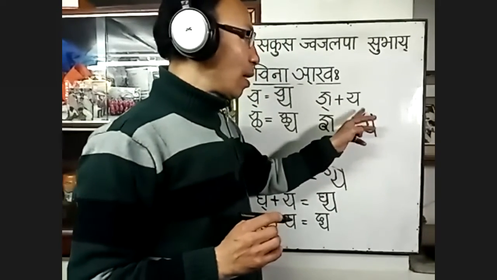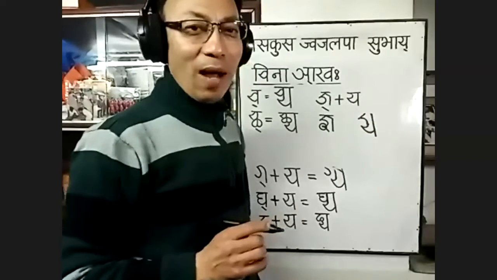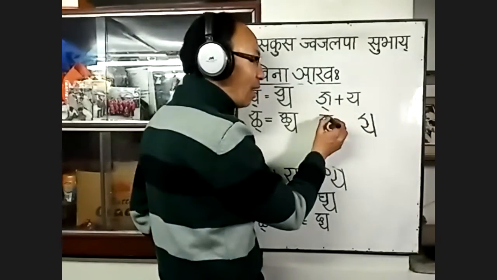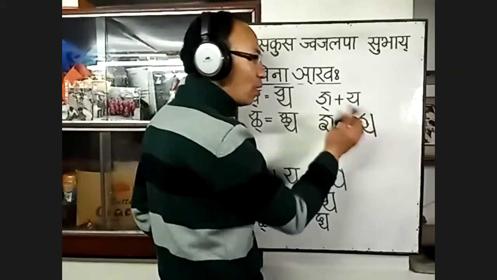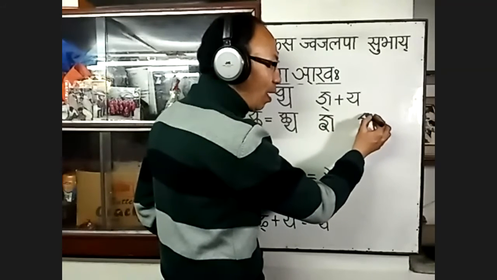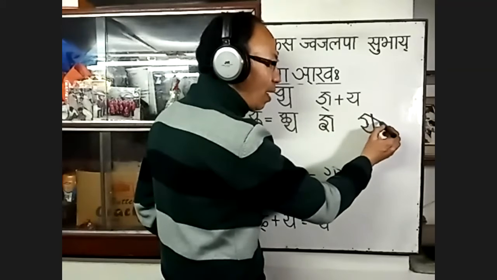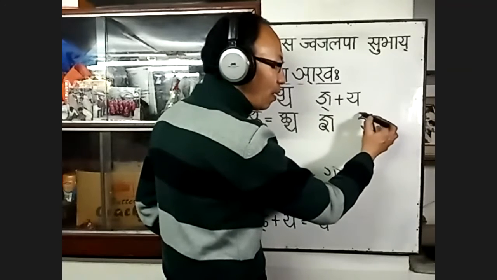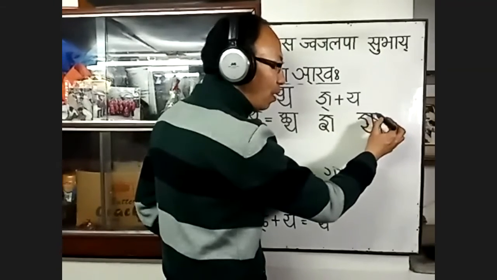Now what is remaining is the writing of the la of ja. The la covers the bottom letter. So give this shape a little longer this time, and then cover this, and then give this.